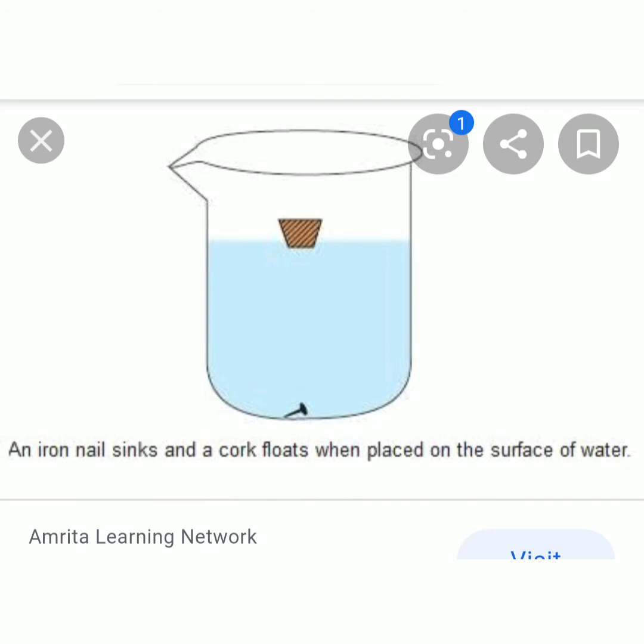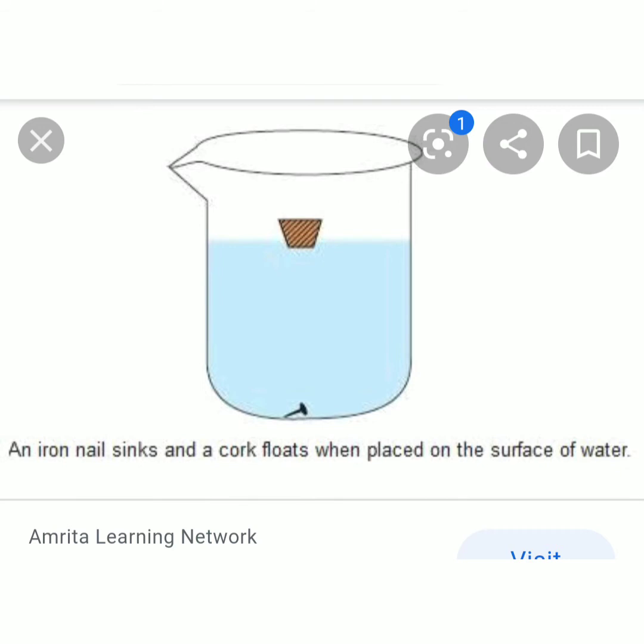Okay, the next one, put a piece of thermocol in the water. What will happen? Take down the observations you have. When we place the iron nail, it will sink in water, but the thermocol floats in water, isn't it?